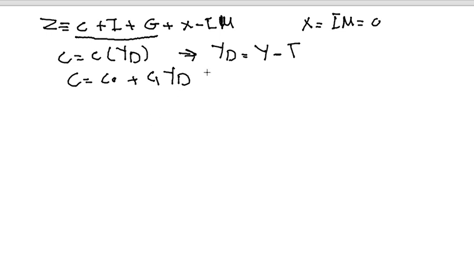So from here we can just replace YD with Y minus T. So that means C equals C0 plus C1 times (Y minus T).